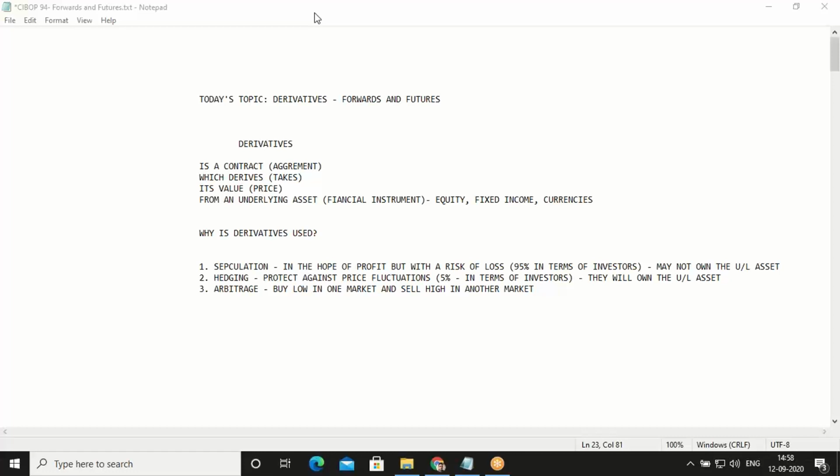Cash market is mostly an Indian term, so others might not be aware. We use the term cash market for the equity market here in India. If you remember, we talked about it as cash equities, so that's where the term comes from.